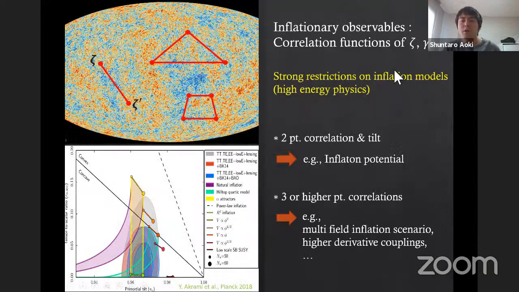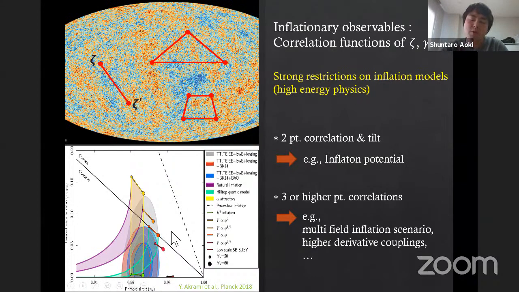As you know, the inflationary observables are the correlation functions of the curvature perturbation zeta and the tensor mode gamma. They are important because they give a strong restriction on inflation models, or we can say on high energy physics. For example, the two-point correlation function gives a constraint on the form of the inflaton potential. This figure shows the famous n_s-r plot.